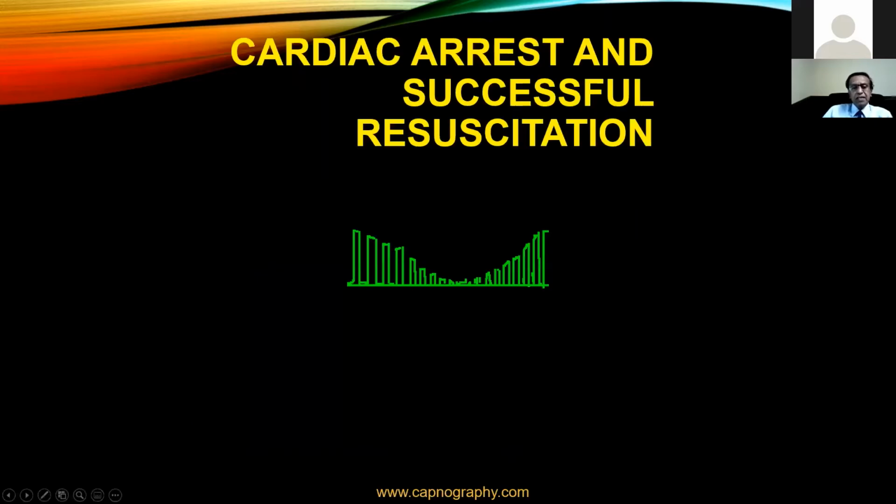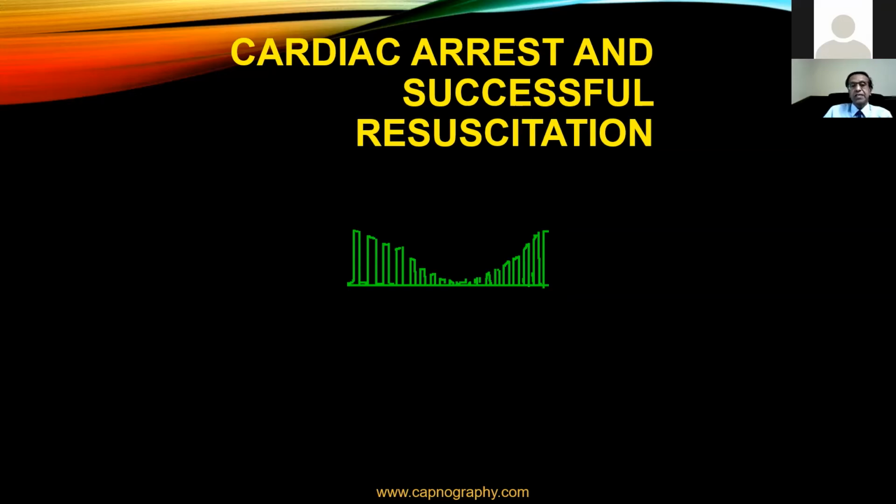Now, when there is a cardiac arrest during a case and subsequently it is revived, a trend capnogram looks something like this. The end-tidal CO2 decreases because the cardiac output is decreasing. Then there is a cardiac arrest. We are resuscitating the patient here, and the cardiac output gradually increases after successful resuscitation, and the end-tidal CO2 increases gradually to normal with normalization of cardiac output.